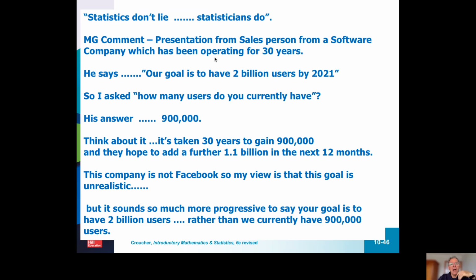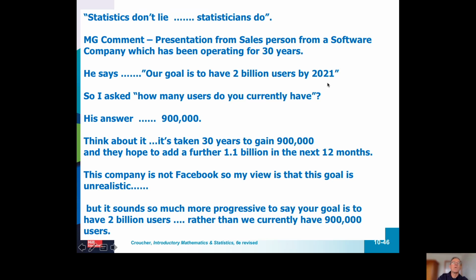You know, I'm going to be kind. I'm going to say it's not deceptive. But he said in his presentation, our goal, and this company had been operating for 30 years, he said, our goal is to have 2 billion users by 2021.